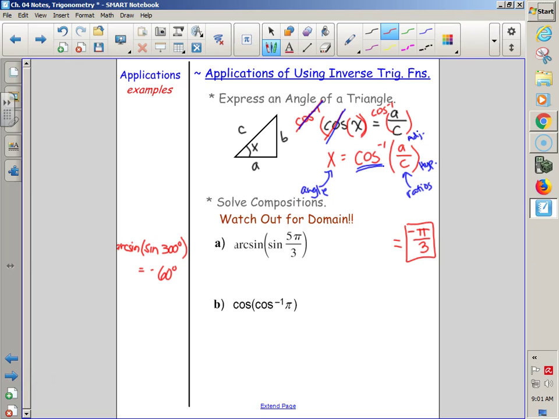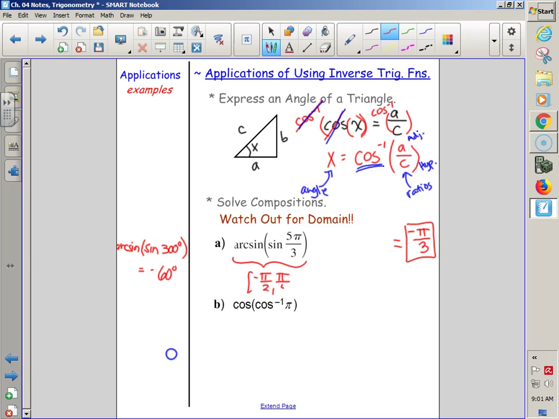What happened when I threw that angle into the trig machine and then it got spit into the inverse trig machine and it came out different? What happened? The range. Didn't you guys just highlight what's allowed to come out of arc sine? What's allowed to come out? You can go look. All that's allowed to come out is negative pi over 2 to pi over 2.